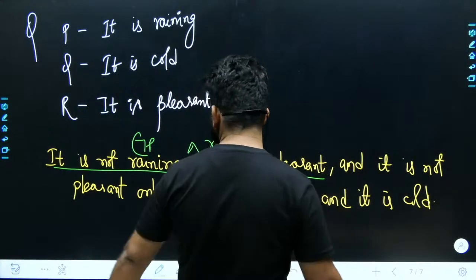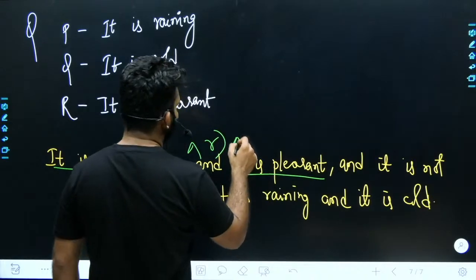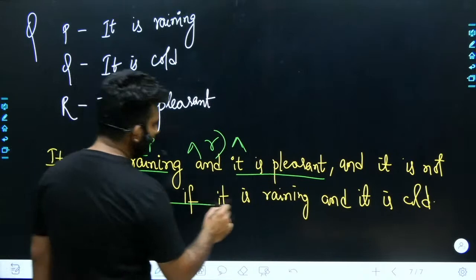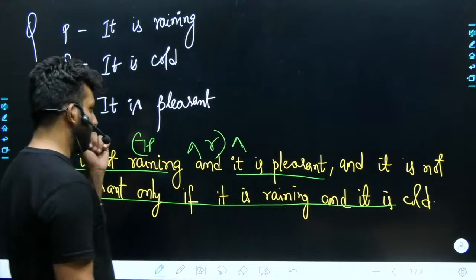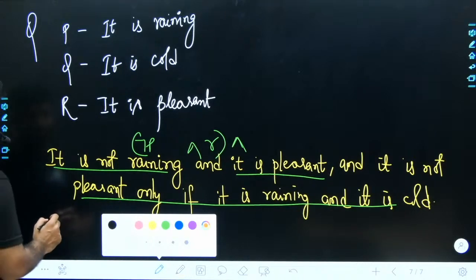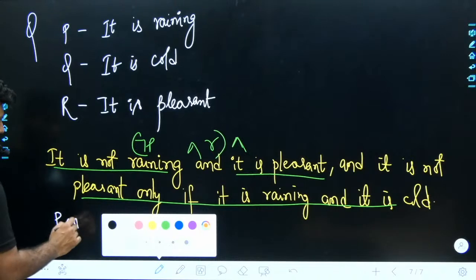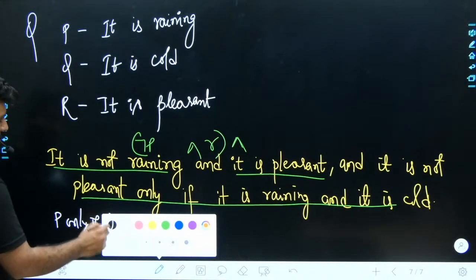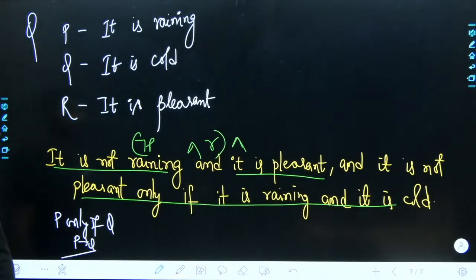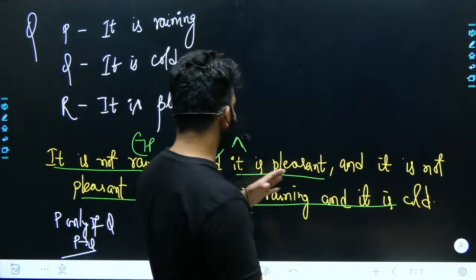And it is not pleasant only if this is the stuff. So for this you need to understand whenever I have this kind of situation: P only if Q. I hope you remember P only if Q means P implies Q. So what do I have after this?